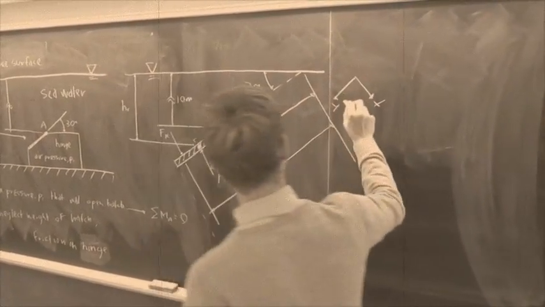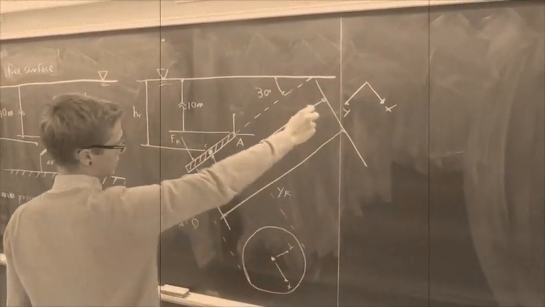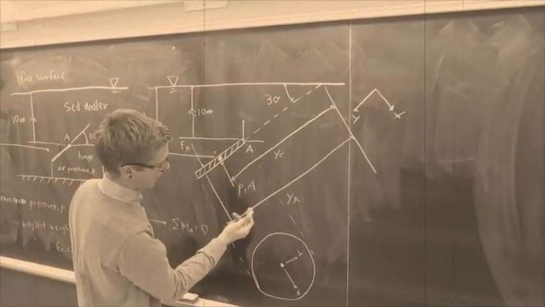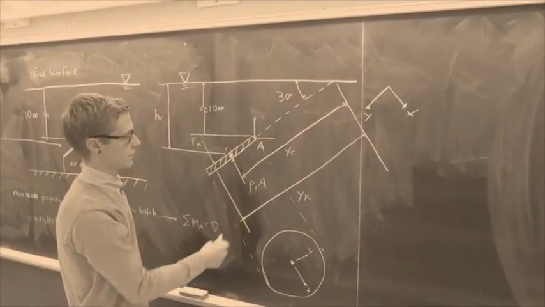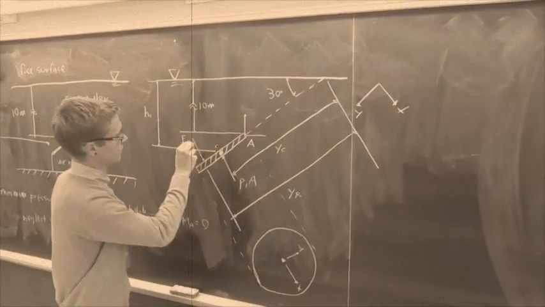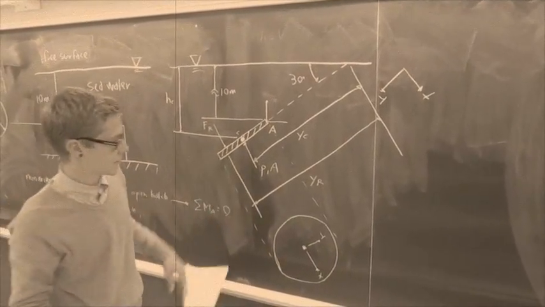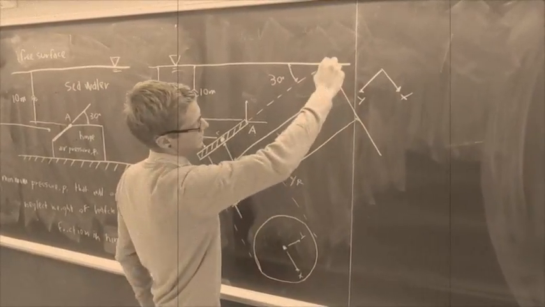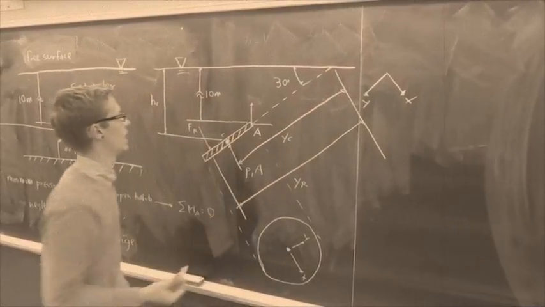Orienting your axis like this with the y in this direction and the x in this direction, you have yc traveling to the centroid of the object, which is where P1A acts, which gives you the force due to the pressure acting through the centroid of the object. You also have Fr, which is the resultant force of the pressure distribution of the water acting on the hinge. And then you have Yr, which is the distance that it is away using this origin along the y-axis.